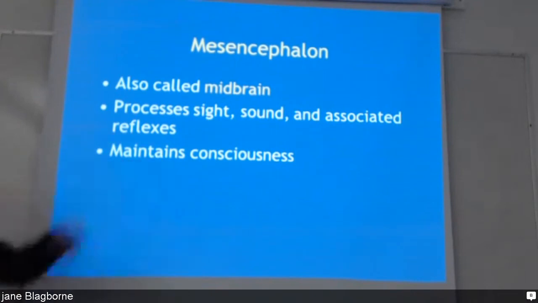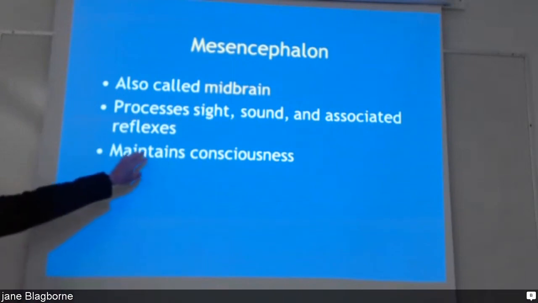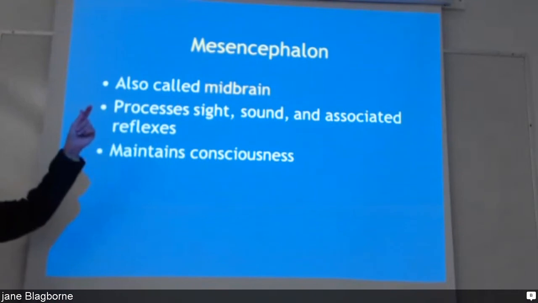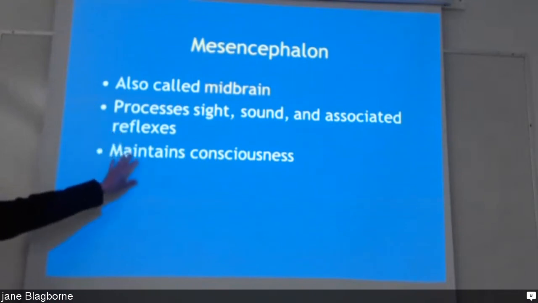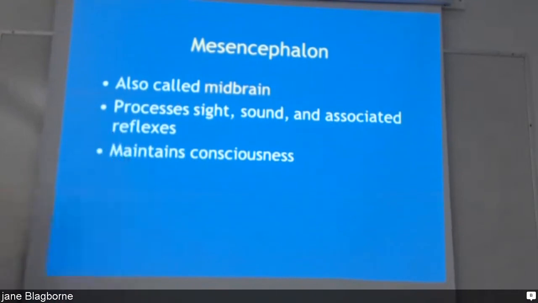And it maintains consciousness. There's people with what they call sleep or narcolepsy, which they just kind of fall asleep like that. These areas are the ones that are affected by that. You actually go off to sleep without even thought.